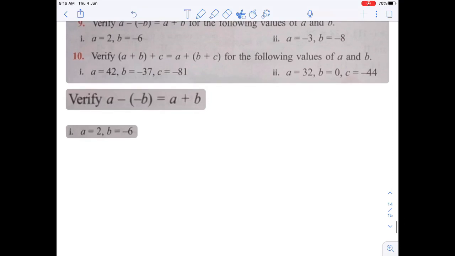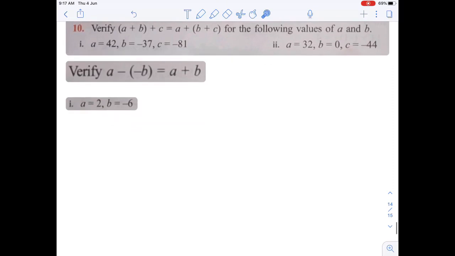Now if you want to solve this type of question, it is based on 2 sides. It can be seen that a minus minus b is present to the left of this equal to sign, so we can say that it is present on LHS, and a plus b is present on RHS. So we will solve this question by LHS RHS method. Okay, so now let us write its solution.